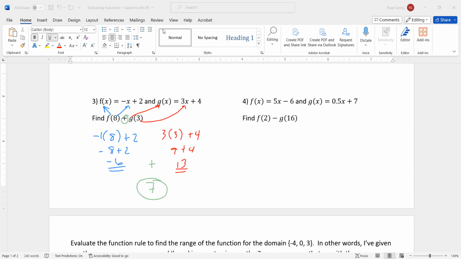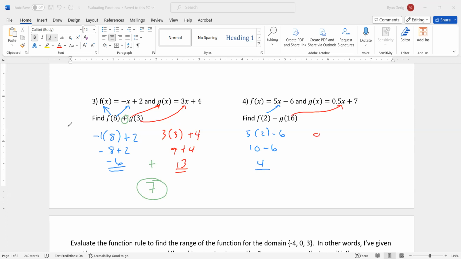Okay. Number 4, f of 2 minus g of 16. Let's do the f first. So f, I put 2 in for x. That's 5 times 2. Hopefully you're noticing that when I replace the x with a number, I use parentheses. It's going to come into play when you have exponents for sure. Right now, it doesn't really matter too much because you're not dealing with exponents on any of these.